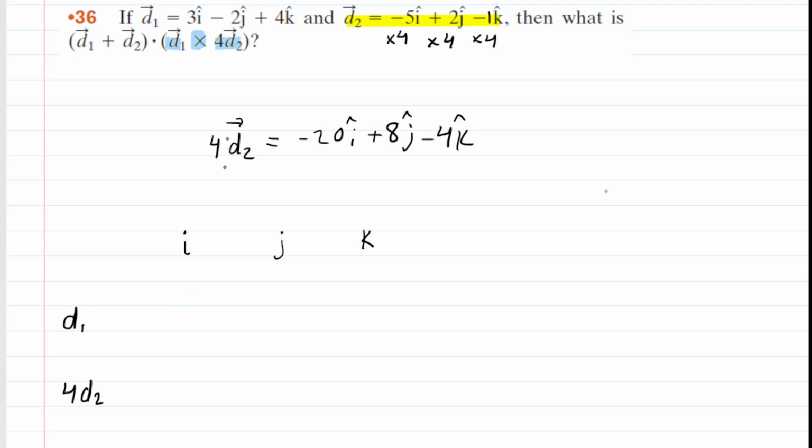Vector d1 is this vector right here. We can see that the components are 3, -2, and 4. So we just do 3, -2, and 4. And then for the vector 4d2, those are the components right there. So we'll list those, -20, and then 8, and then -4.